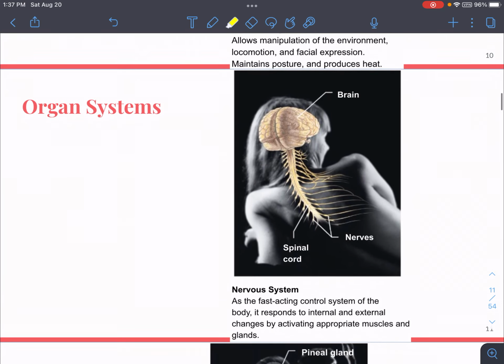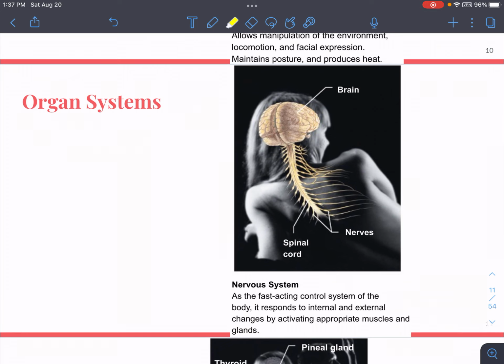We have our nervous system. Our nervous system runs 24/7. It reacts to all kinds of stimulus. It reacts to temperatures in the room, outside, wherever you're at. It responds to pain, pressure. It responds to movement.